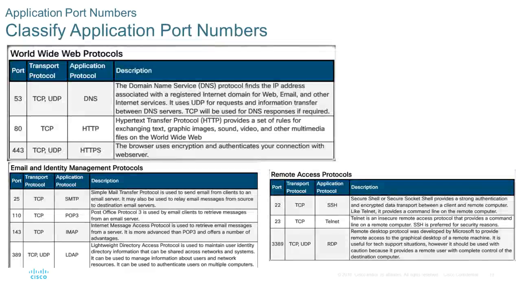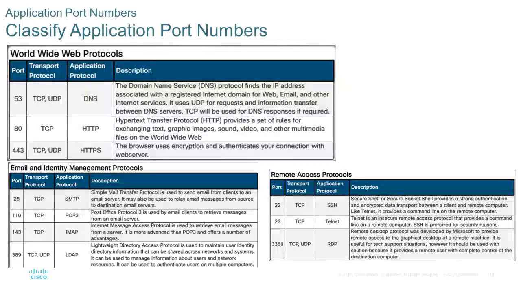Every time you type in a web address, you send out a probe for a domain name resolution, which is on port 53. I was going to say 43 for a second there. Port 53 converts the name that you type in the web browser to an IP address.